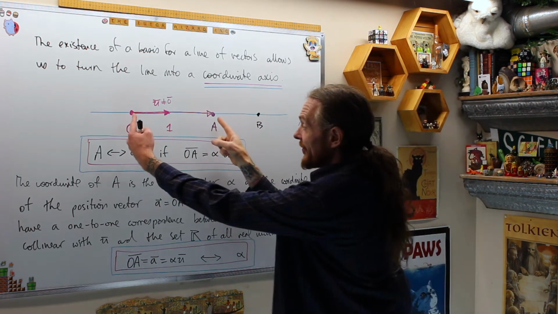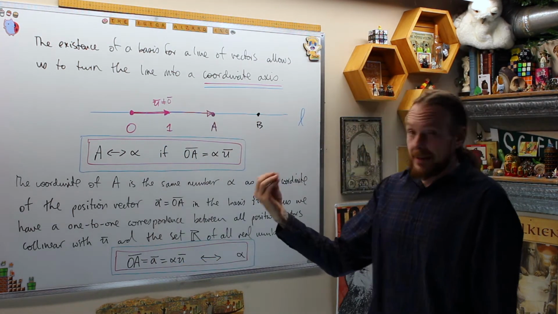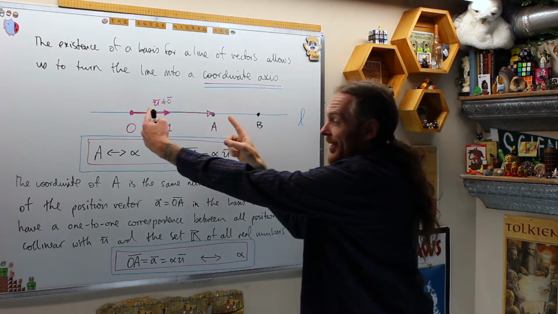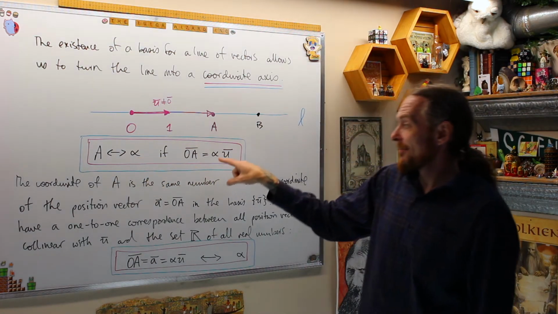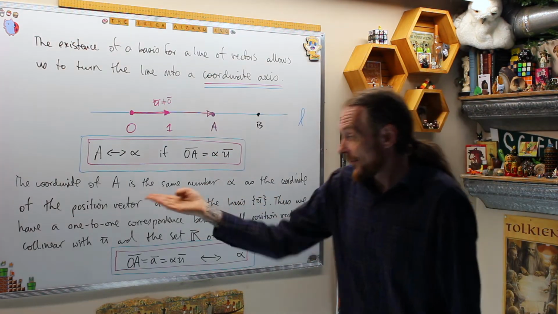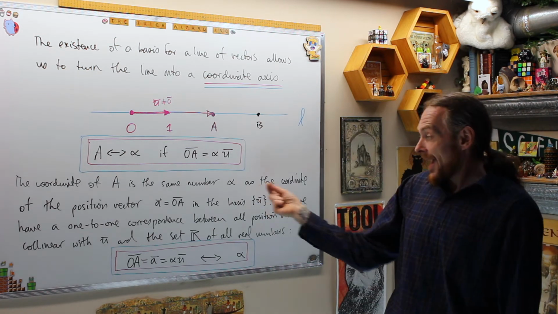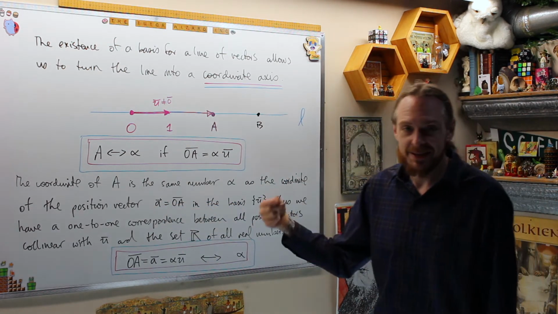I can create a position vector OA from that, which we're going to call A. Then the point A, or its position vector, corresponds to a unique number alpha. That number alpha is the multiple of u which is equal to OA. What that does for us is, long story short, the coordinate of A is the same number alpha, which is the coordinate of the position vector OA with respect to the basis u.